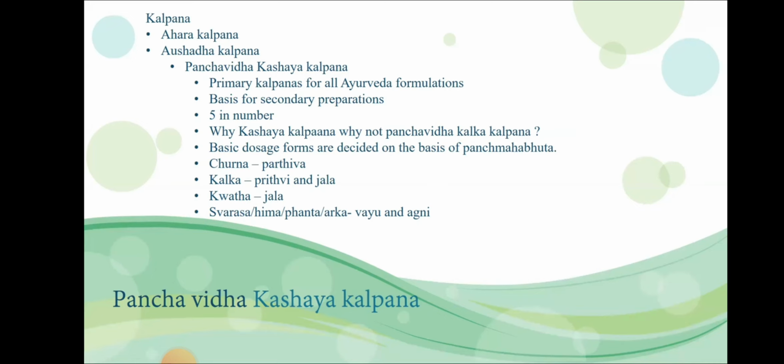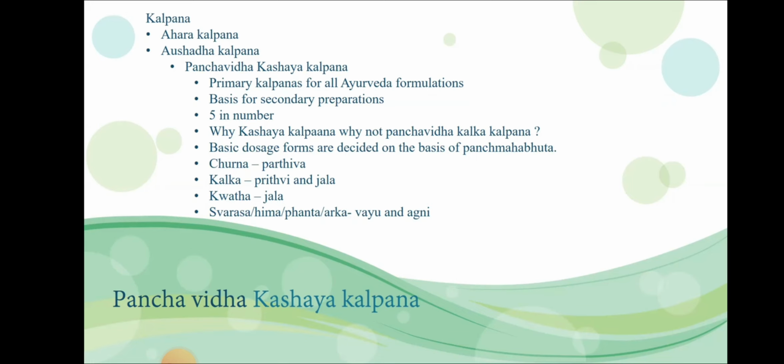These are the basis of secondary Aushadha Kalpana, that is, Gudika Kalpana, Guda Kalpana, Sneha Kalpana, Avaleha Kalpana, Sandhana Kalpana. All the Kalpanas which use the Panchavidha Kashaya Kalpana as their ingredient will be secondary Aushadha Kalpana. These are the basics for all Ayurveda formulations.